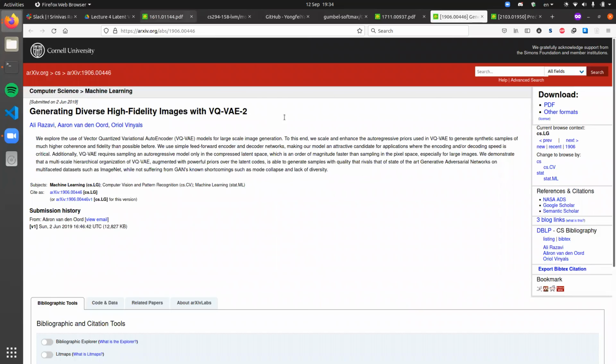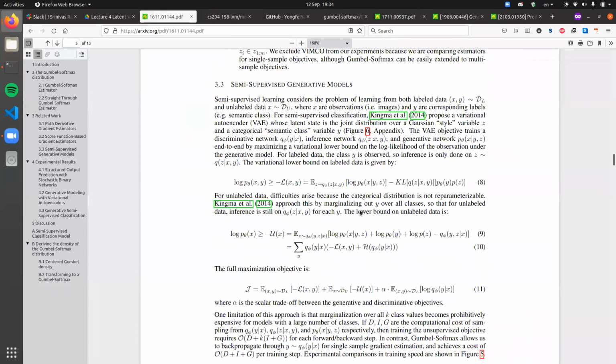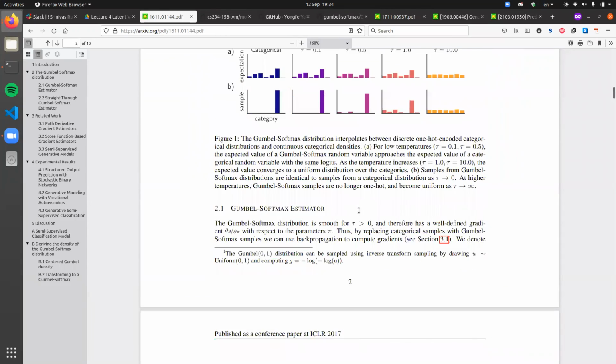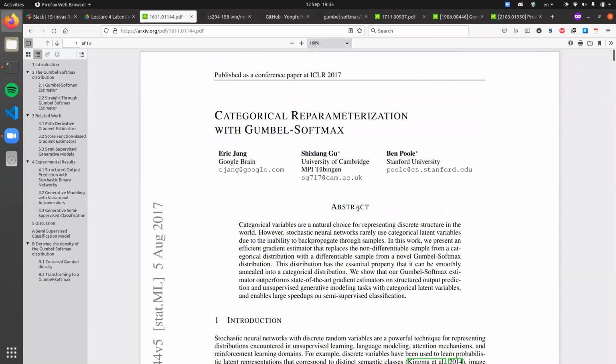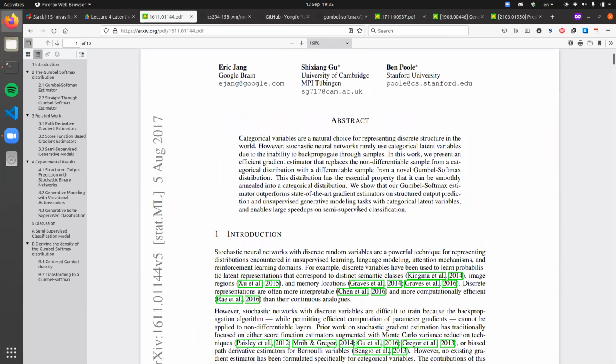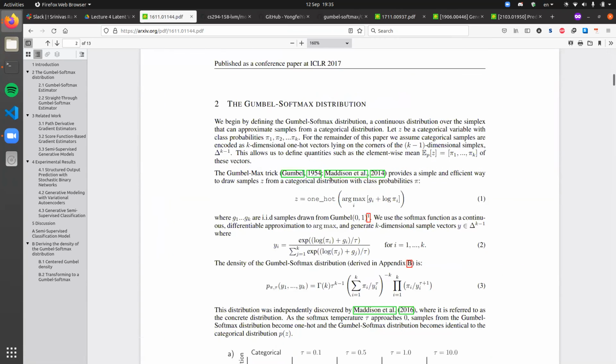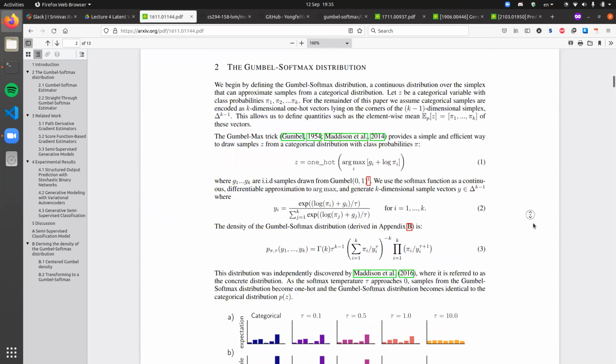Okay, so here, essentially, you can think of this Gumbel softmax trick as a reparameterization trick for categorical distributions. And here you can get the idea.